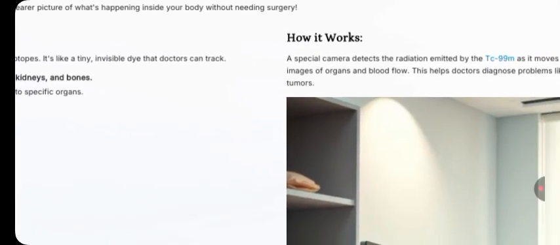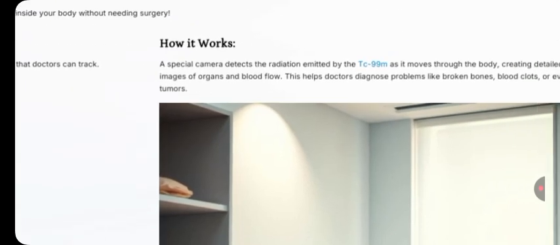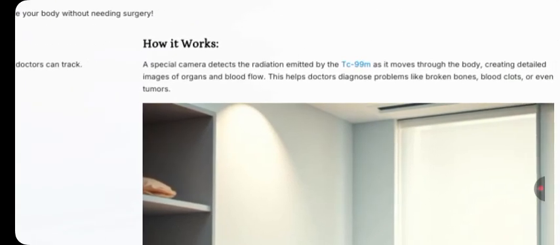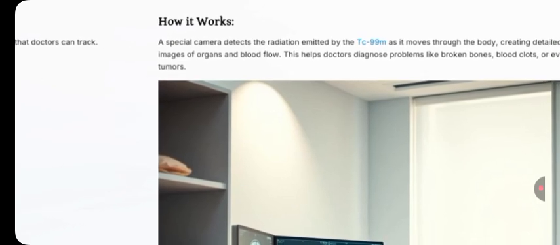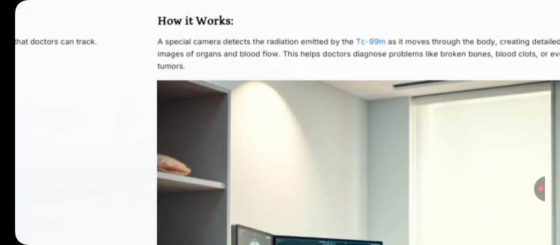So let's see how technetium 99 works. Dear students, kindly use the landscape mode for better understanding.